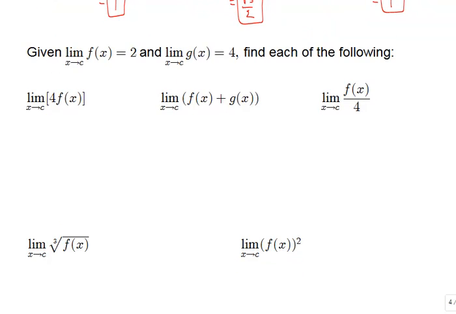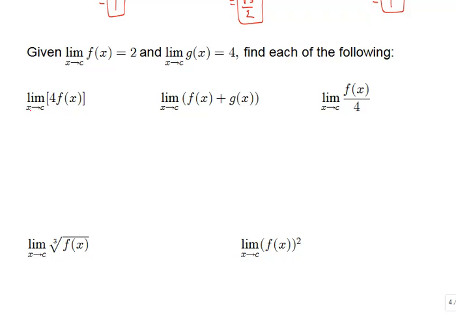Now suppose that we have two mysterious functions, f and g, that we don't have formulas for, but we do know a limit. We know that the limit of f as x approaches c is 2, and the limit of g as x approaches c is 4. Based on just those two pieces of information, we're going to find each of the following limits using our limit laws.